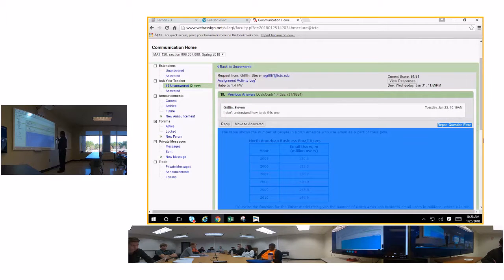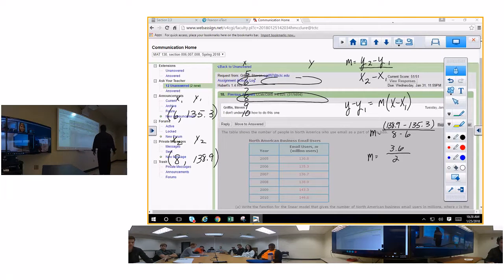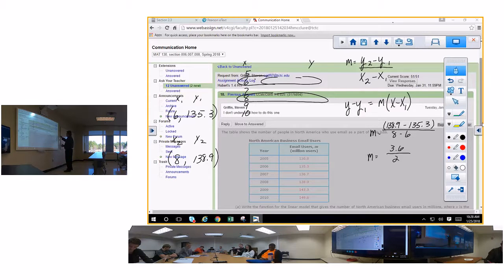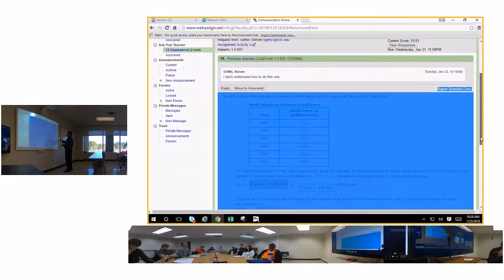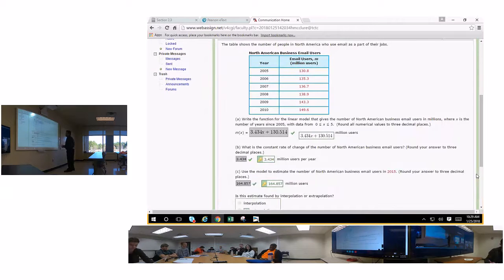But you just wanted to divide the 3.6 by 2, and they just had 3.4. They didn't divide it. That's not right, because it'll come out to be 1.8. The table shows. I think it's because you take 2 points and they did the calculator version of it.